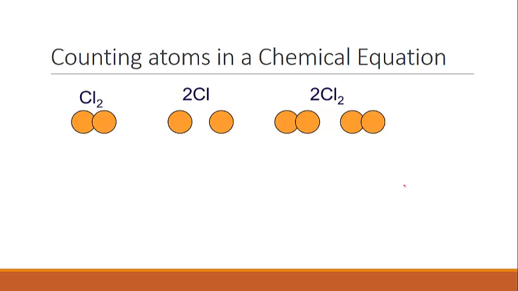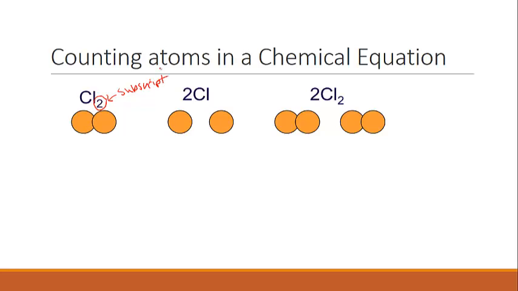Before we get to writing chemical equations, I would like to do a quick review of how we can count atoms when we see them in a chemical formula. So numbers can appear in a couple places in a chemical formula, and I wanted to differentiate between them. When we see a small number at the end, this is known as a subscript.